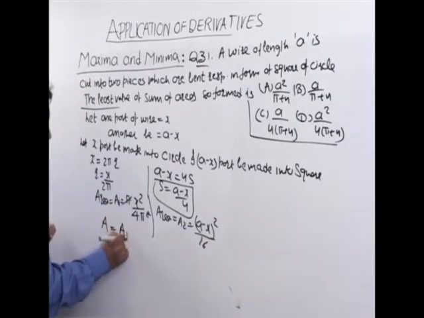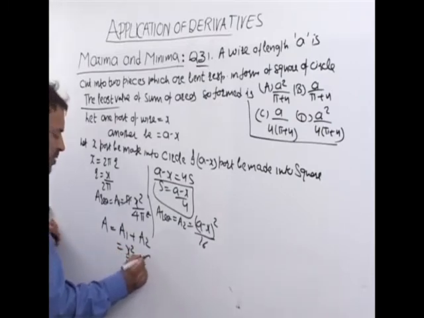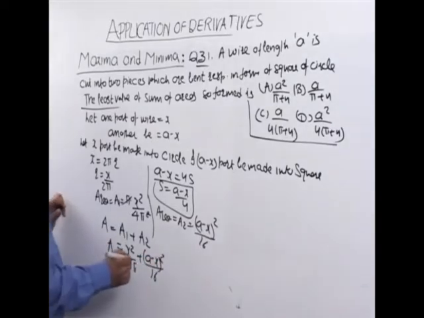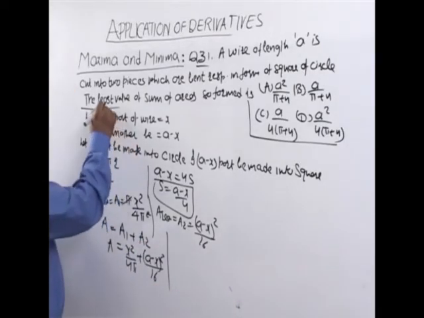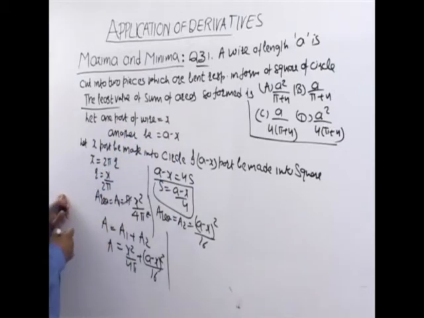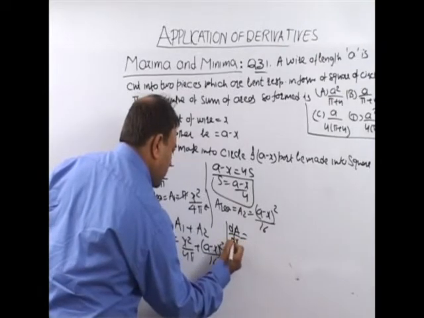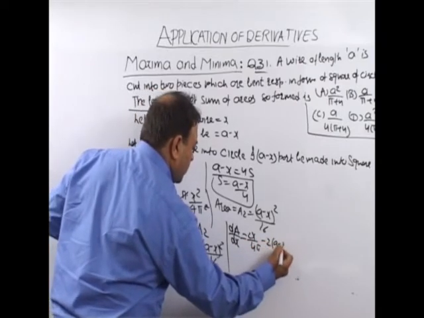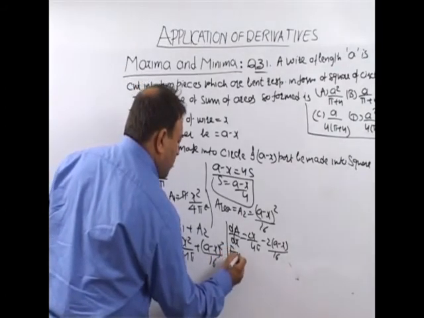Then area A is equal to A1 plus A2. This is x square upon 4 pi plus A minus x the whole square upon 16. Now we go for differentiation because we have to find the least value of sum of areas so formed. So dA upon dx is equal to 2x upon 4 pi minus 2 into A minus x upon 16.